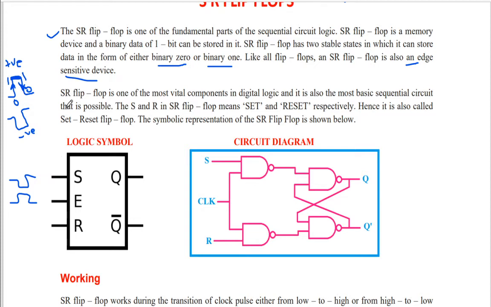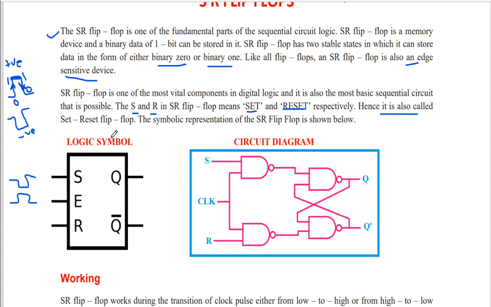Fine. So the flip flop is one of the most vital components in digital logic, and it is almost the most basic sequential circuit that is possible to design. The S and R in SR flip flop mean set and reset. So S stands for set and R stands for reset respectively.